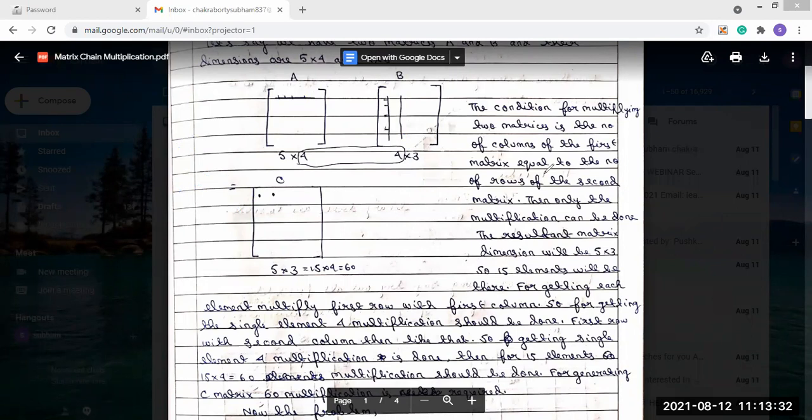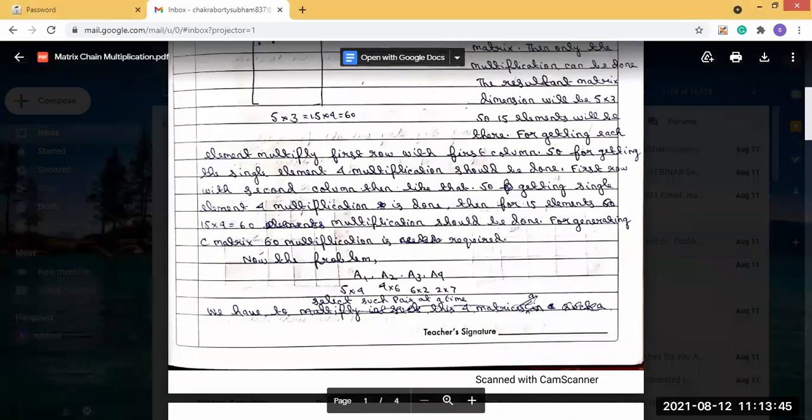Okay. So in this resultant matrix, we require 60 multiplications. Now, our problem is what? Let's say total 4 matrices are given: A1, A2, A3, A4.